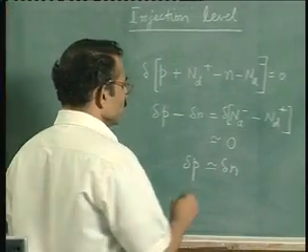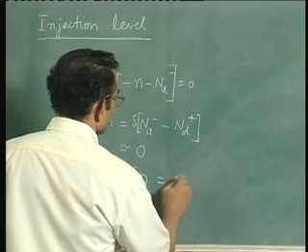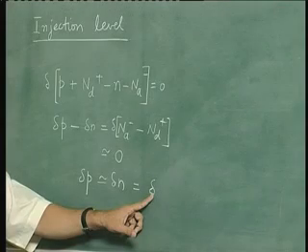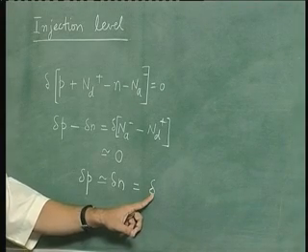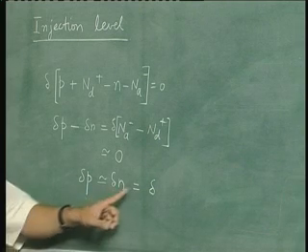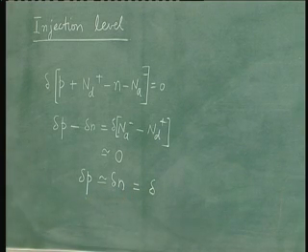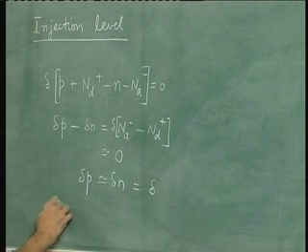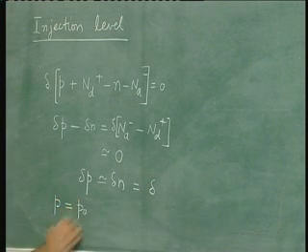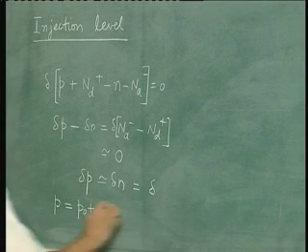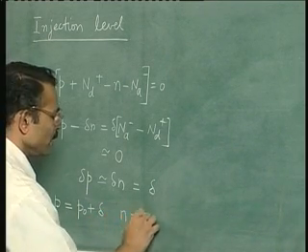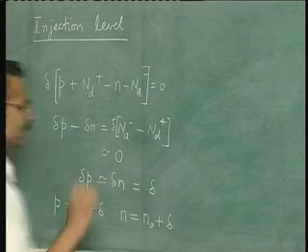So we will assume that the symbol delta represents the excess carriers over and above the equilibrium value, either electrons or holes. Since they are equal in number, we use only a single symbol delta. So in other words, your concentration P in the presence of excess carriers is equal to P naught, which is the equilibrium concentration, plus delta, and the concentration of electrons is equal to the equilibrium concentration of electrons plus delta.